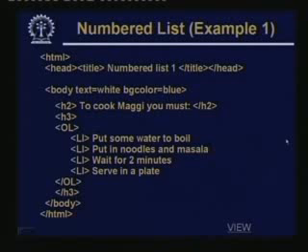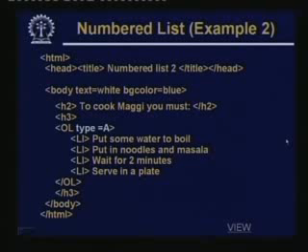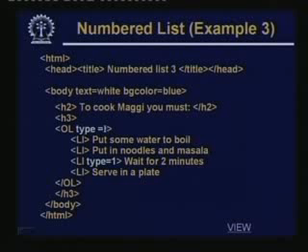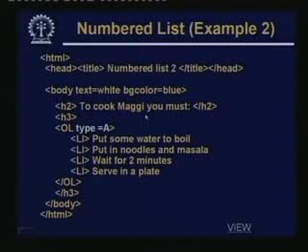Now, we make some small changes to this example. The first change we make is that instead of the default style, we make it type equal to A. This is the first thing we do. Type equal to A, with the same example. Now, I want that instead of displaying the list items as 1, 2, 3, 4, I want to display them as A, B, C, D, right.